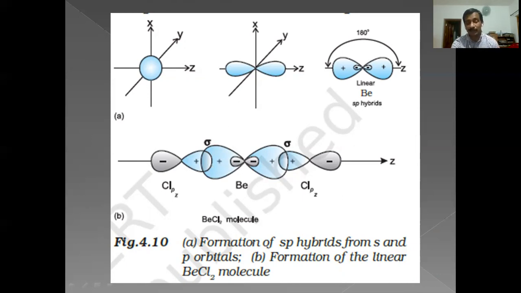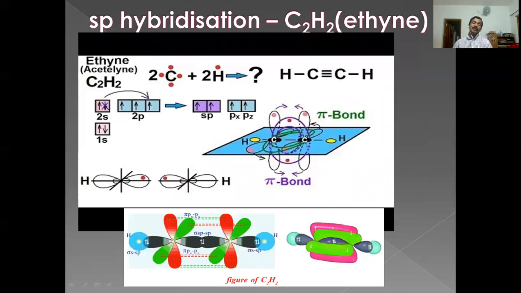Now another example is C2H2, acetylene or ethyne. It's another example of sp hybridization. What is the ground state electronic configuration of carbon? 2s2, 2p2. At the time of excitation or bond formation, one electron from the 2s orbital will be promoted to the 2p orbital and hybridization also will take place, giving sp hybrid orbitals with unpaired electrons.